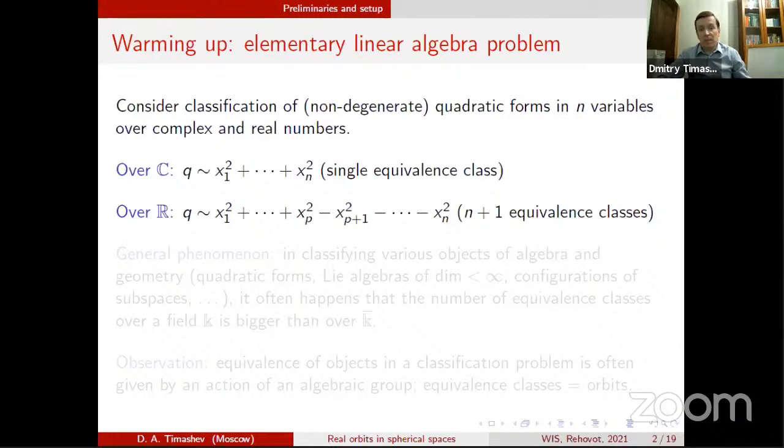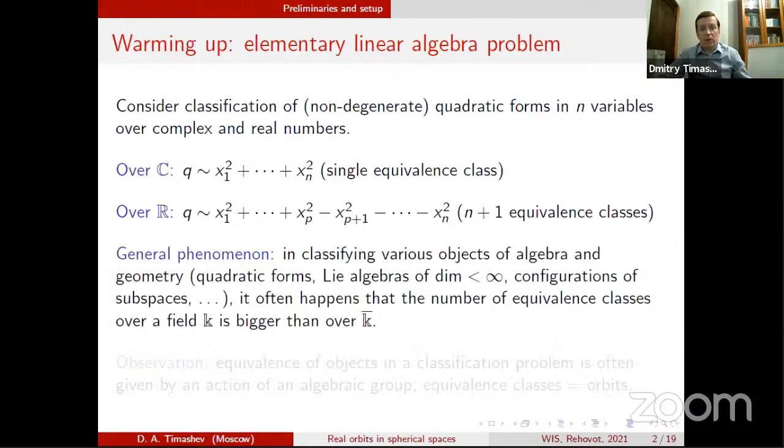And actually, this is a manifestation of a general phenomenon. When you try to classify some objects in algebra or geometry of some type, like quadratic forms or, for instance, Lie algebras of given finite dimension, which are given by their structure tensors, or configurations of several subspaces in a vector space or whatever, the objects which are defined over some base field, it often happens that the number of equivalence classes for these objects over a given field is bigger than over its algebraic closure.